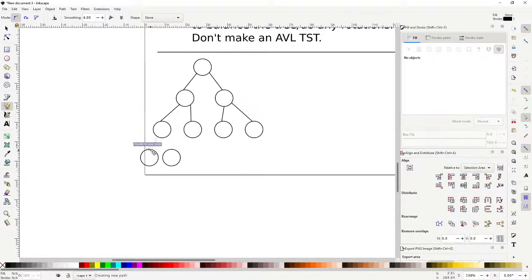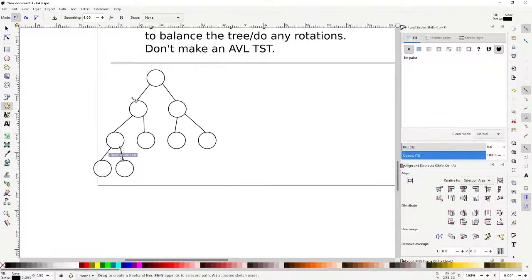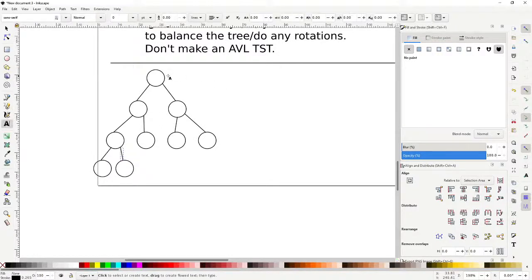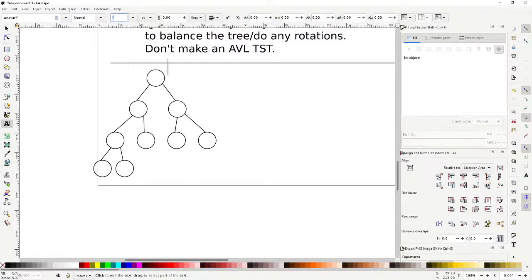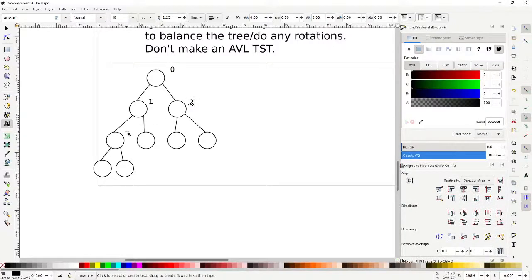Okay. So remember that it doesn't matter if this is a heap or a binary search tree or whatever. What we're going to do is number the nodes, right? This node will be numbered 0. This node will be numbered 1, 2, 3, whoops, 3, 4, 5, 6.